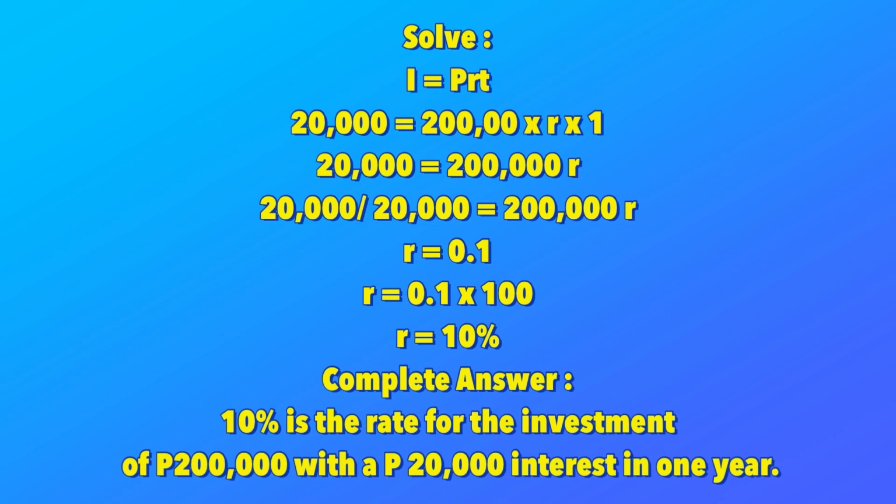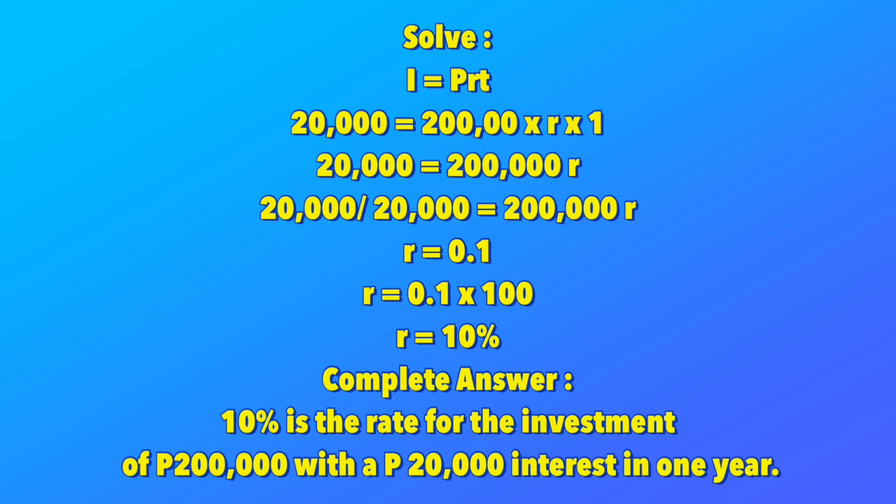And then we're going to divide both sides of the equation by 200,000 in order to have R, the rate. 200,000 divided by 200,000 equals 1, so that's why we have R. And 20,000 divided by 200,000, we have 0.1.